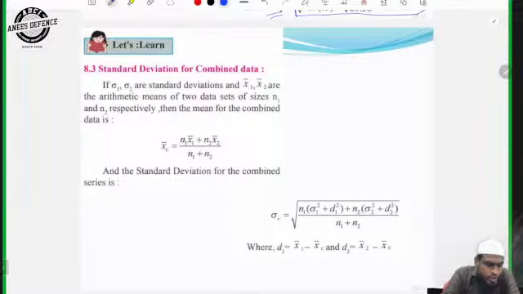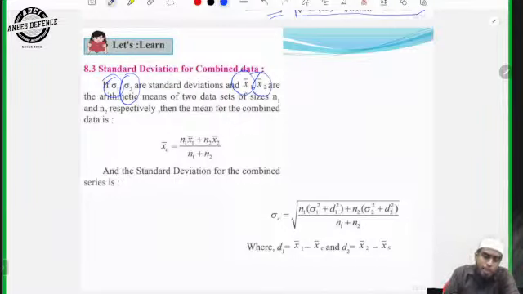Here you can see sigma 1 is the standard deviation of n1 observations, and the mean is x1 bar. Sigma 2 is the standard deviation of n2 observations, whose mean is x2 bar.